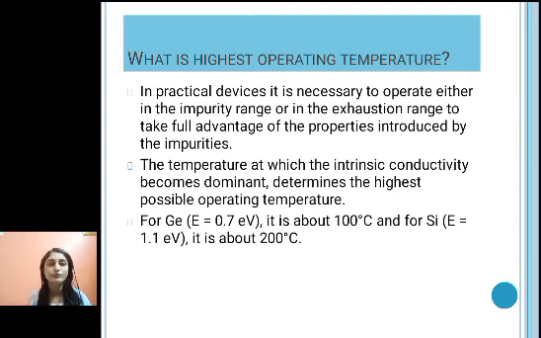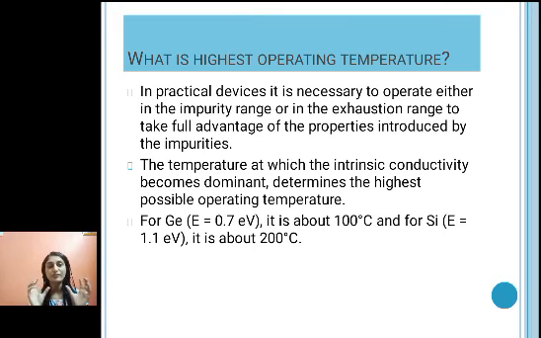So what is the highest operating temperature? In practical devices, it is very necessary to operate either in the impurity range or in the exhaustion range, because we don't want pure intrinsic nature. The reason we have already seen in the earlier lecture.